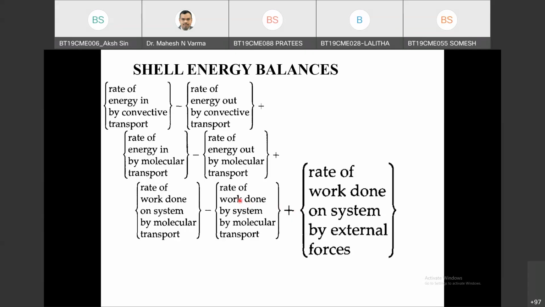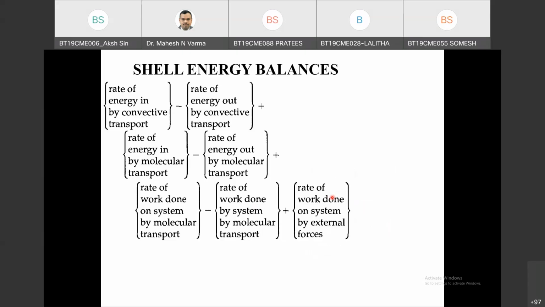This is work done on the system by molecular movement of the system itself, but this is from an external agency. If I'm adding heat to the system or removing heat, that can be accounted as work done, or if I'm compressing or expanding the system, again work and energy will be associated with it. That will be the rate of work done on the system by external forces.